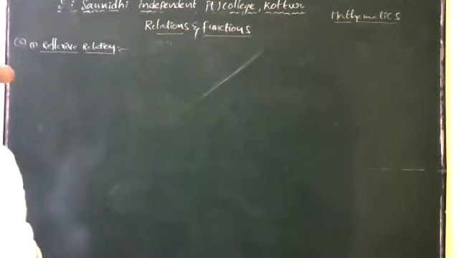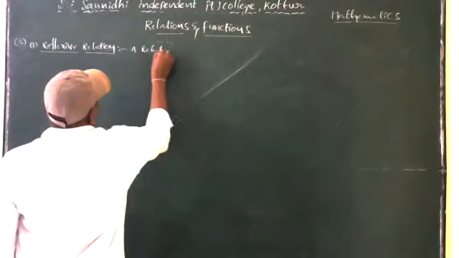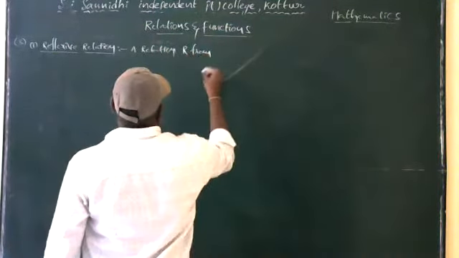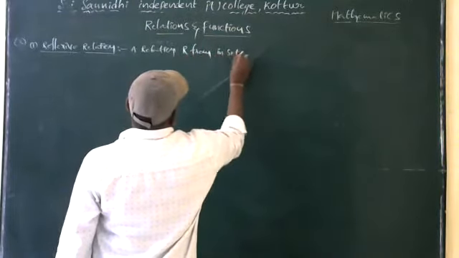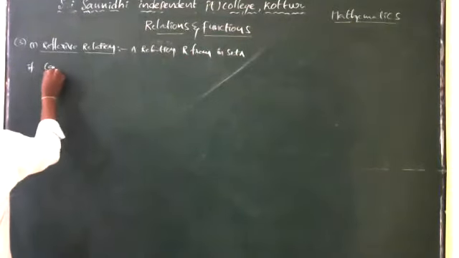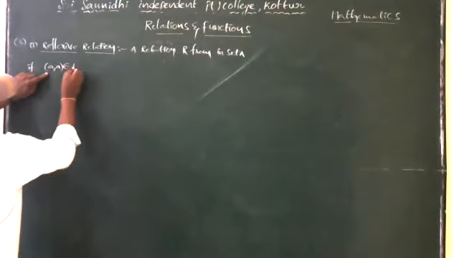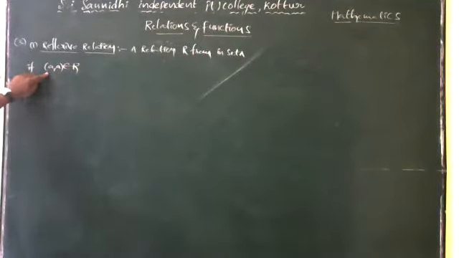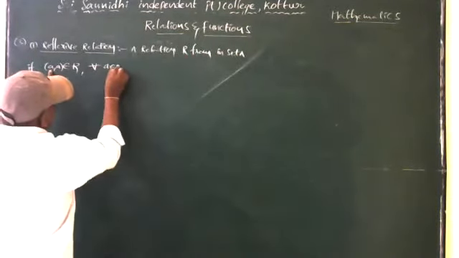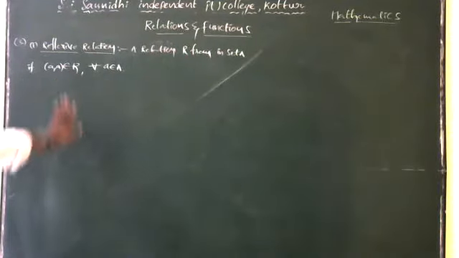A reflexive relation: here also a relation capital R in set A. If (a, a) belongs to the relation for all small a belonging to the set A, this is the definition of a reflexive relation.